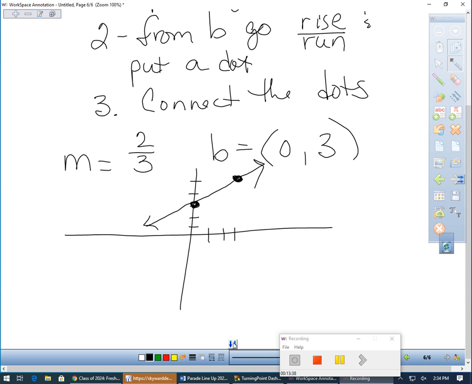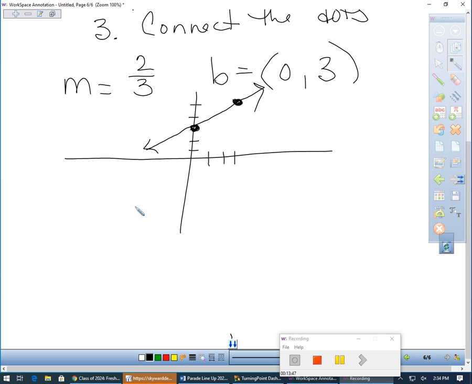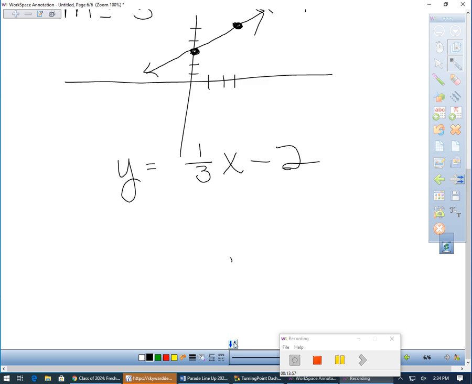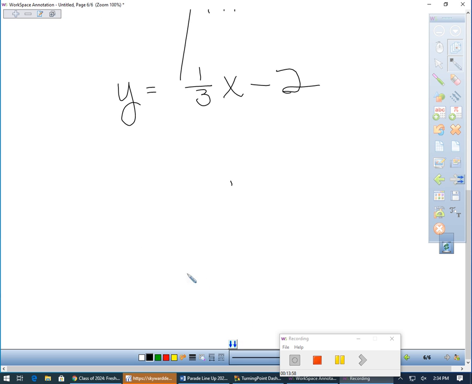So, let's say you have an equation that looks like this, y equals 1/3 x minus 2. First of all, before you graph it, you have to know what your slope and y-intercept are, right? So slope is 1/3. Let me fix that, sorry.